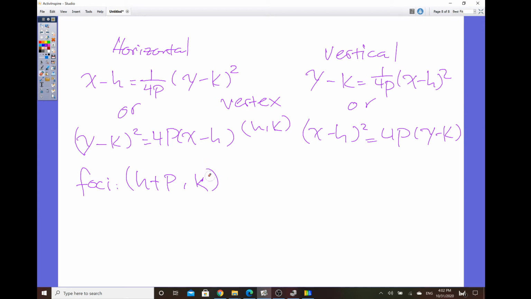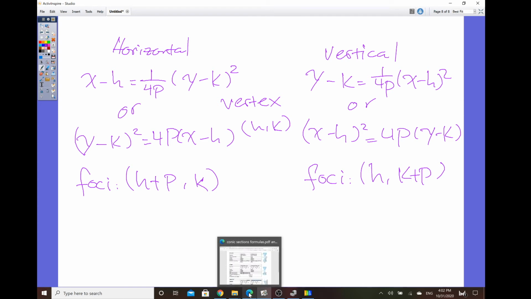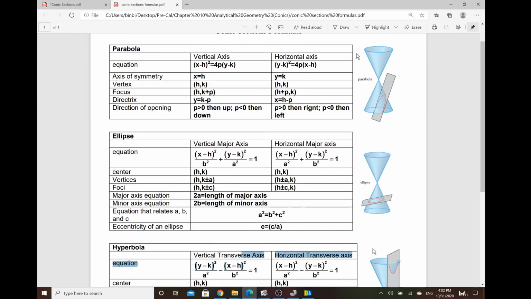And for the vertical one, that would be h comma k plus p. Looking at the formula sheet, for the focus, the horizontal one is h plus p comma k, and the vertical one is h comma k plus p.